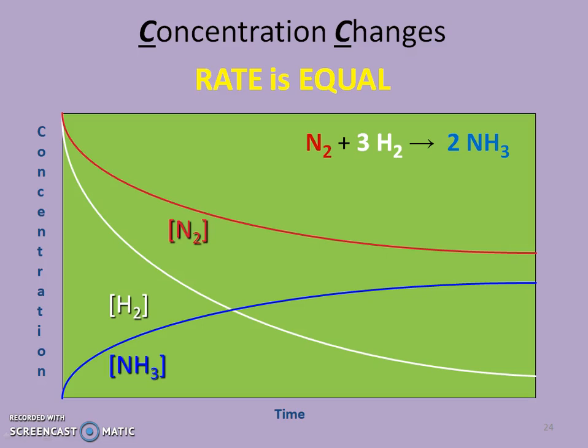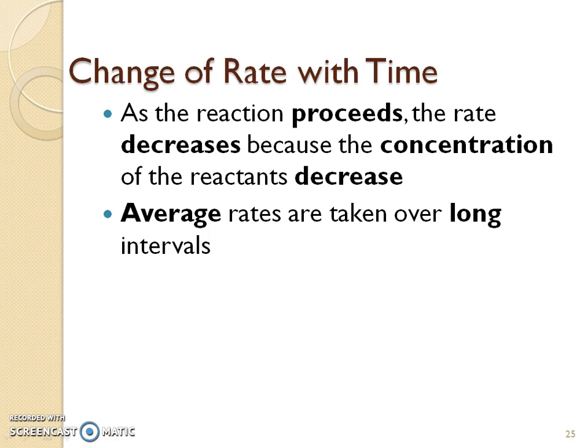So we want to remember that concentration changes, but the rate is equal, and that's going to be important later, right? The rate at which this happens is going to be equal all the way through. It's the amount of the nitrogen, the hydrogen, and the ammonia. The concentration is changing. So change of rate with time, again, as the reaction proceeds, the rate decreases because the concentration of those reactants is going to decrease, okay?